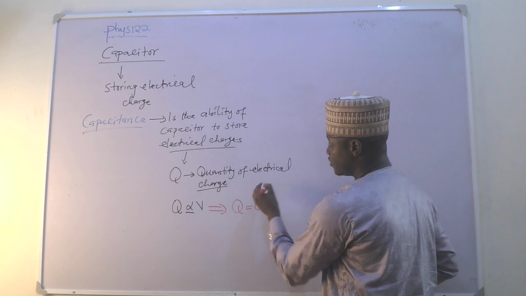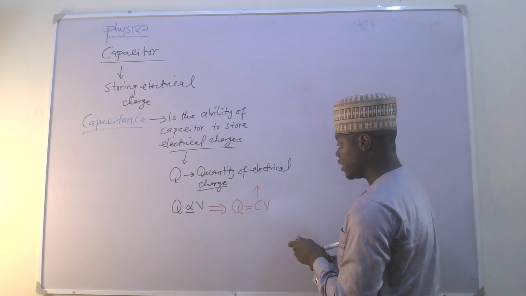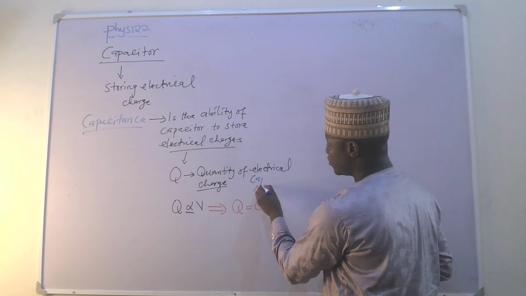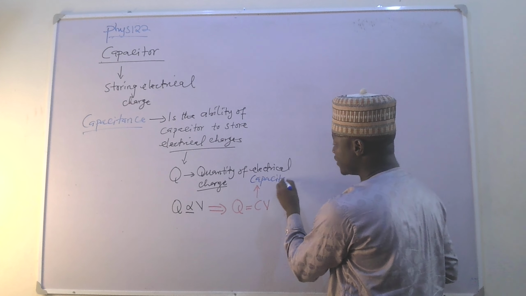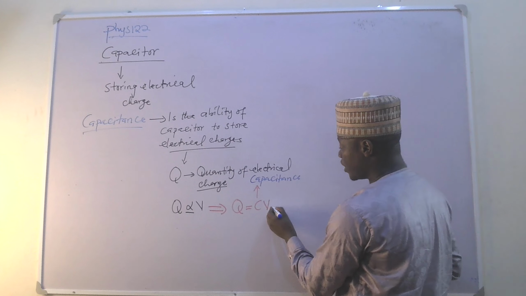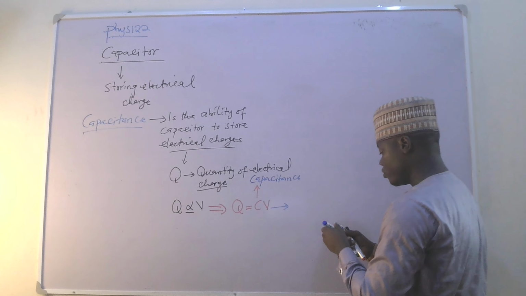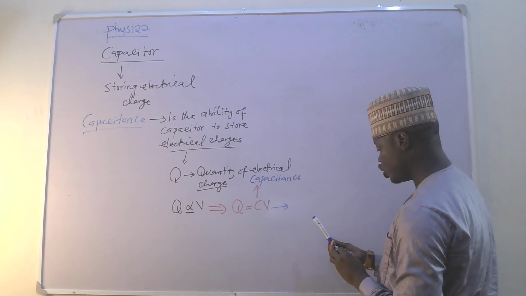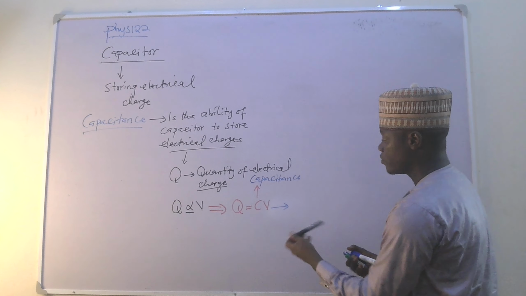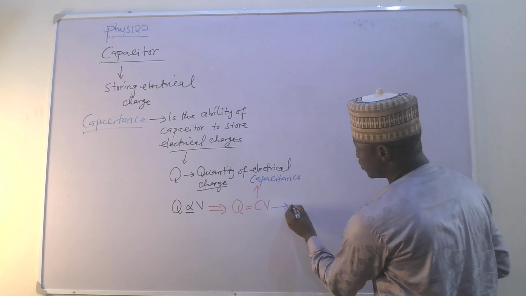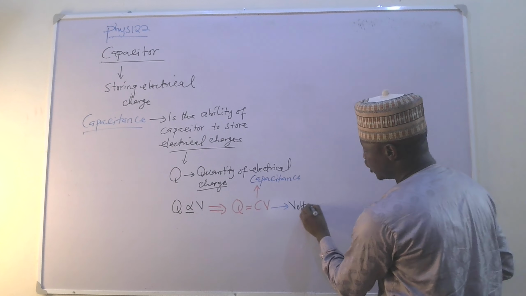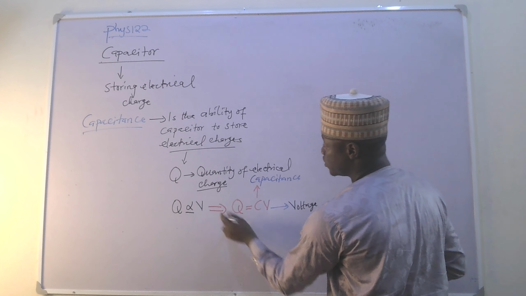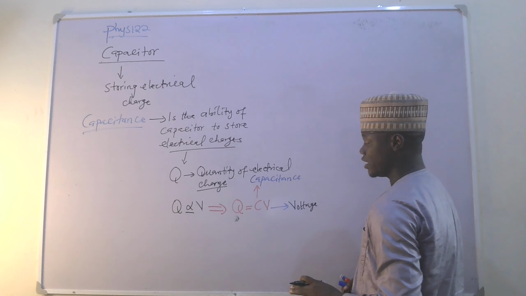The C here stands for capacitance, while the V here stands for voltage, and the Q is the quantity of electrical charge.